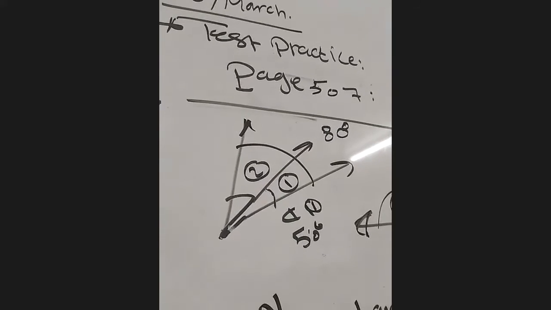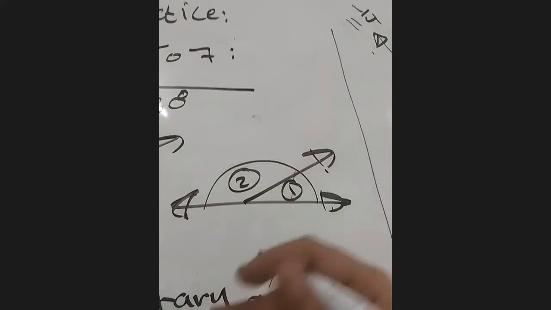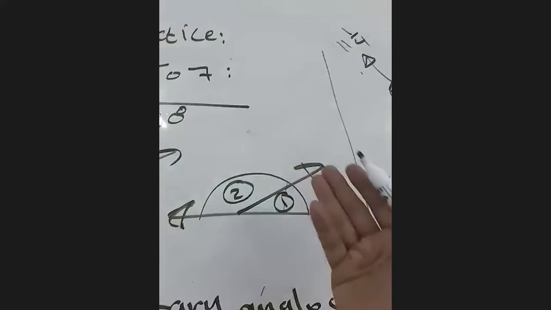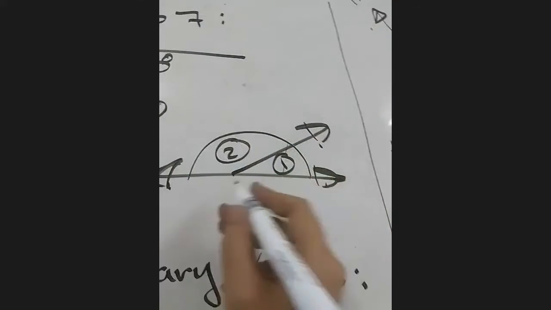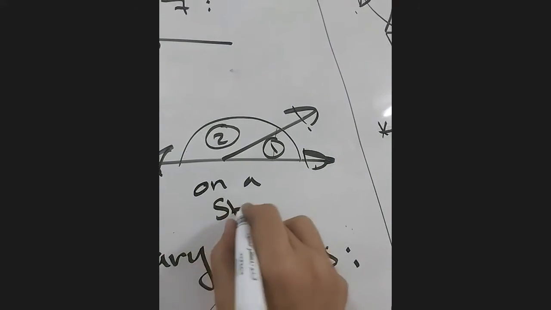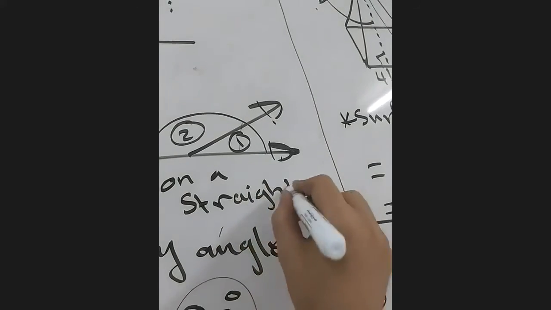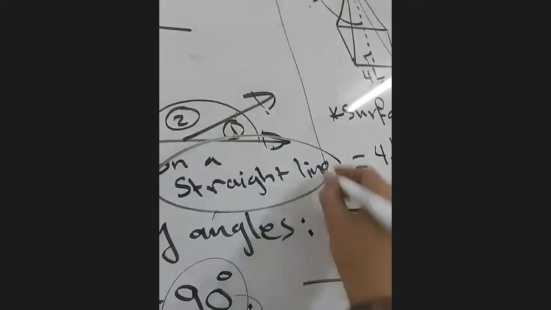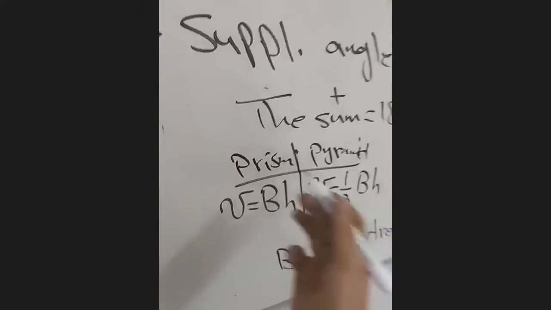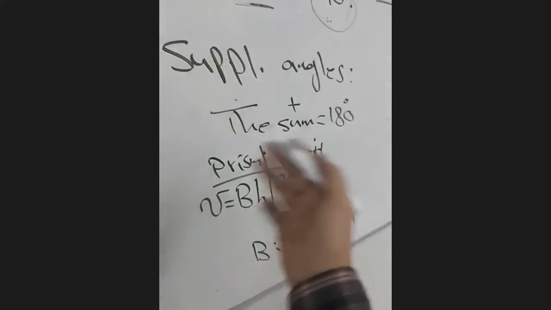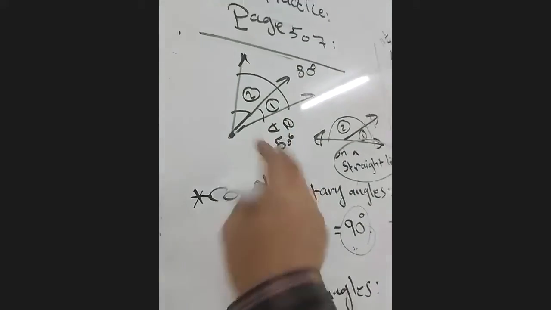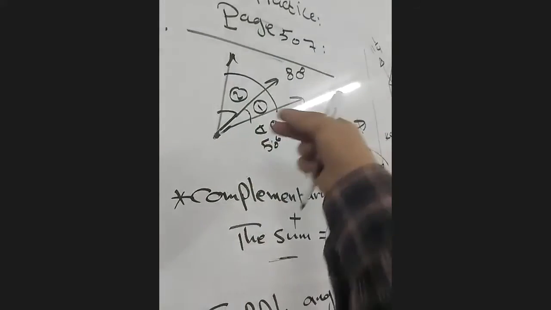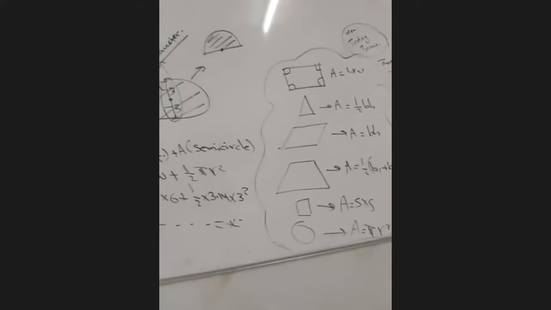But when the question just says adjacent angles on a straight line, go back here quickly: automatically the total of them is 180. For something like this, the question should give you the total of them.